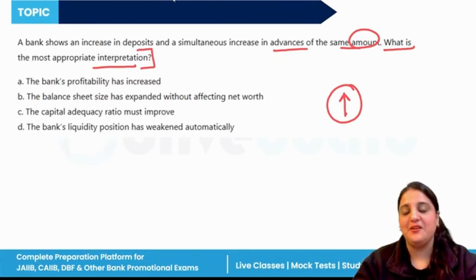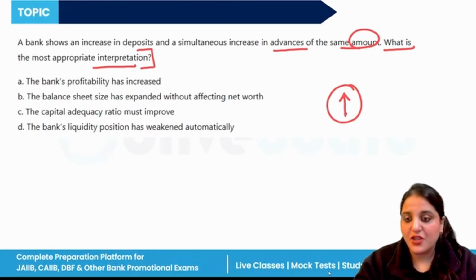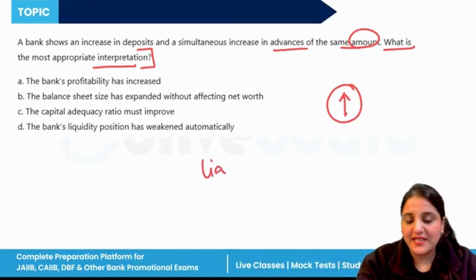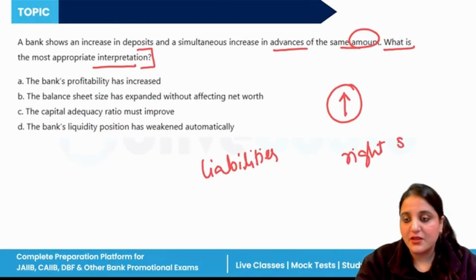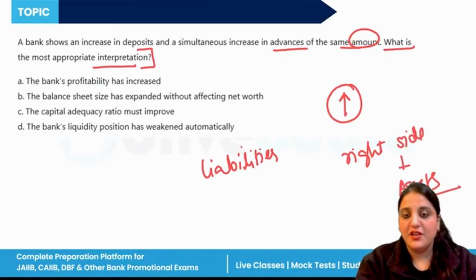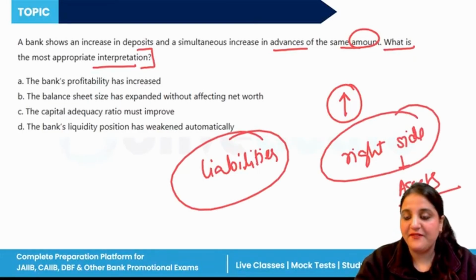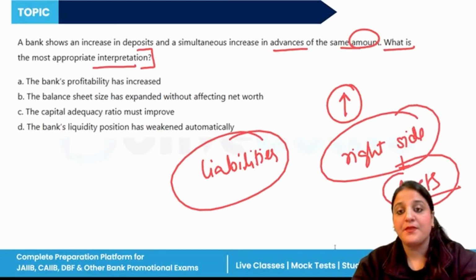In the bank balance sheet, the left side shows liabilities and the right side shows assets.